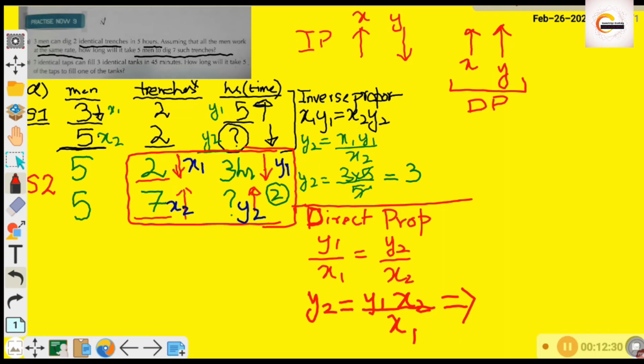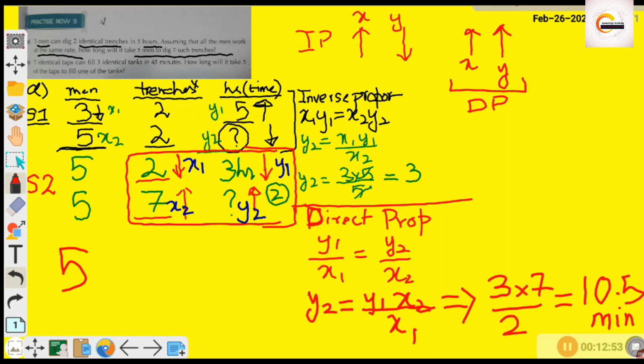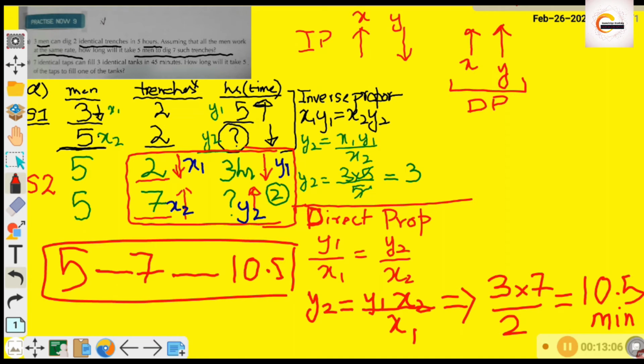That means, let's put the value. y1 is 3 multiply by 7 upon 2, and it's going to be 10.5 minutes. So we will say that 5 men can dig 7 trenches in 10.5 minutes.